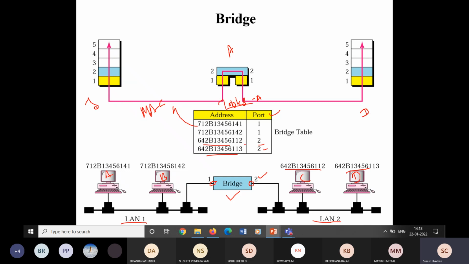Similarly, the devices connected to port number 1 of the bridge are indicated here. So using this table, the bridge will forward the information.